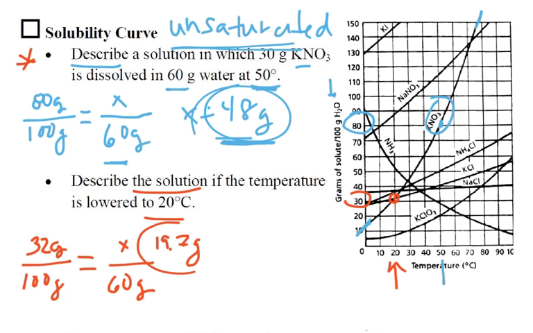Now, here's our number that we used to compare. The solution at 20 degrees would be saturated with 19.2 grams of KNO3, but we have 30 grams of KNO3. So if that 30 grams stays completely dissolved in our solution, then we have a supersaturated solution.